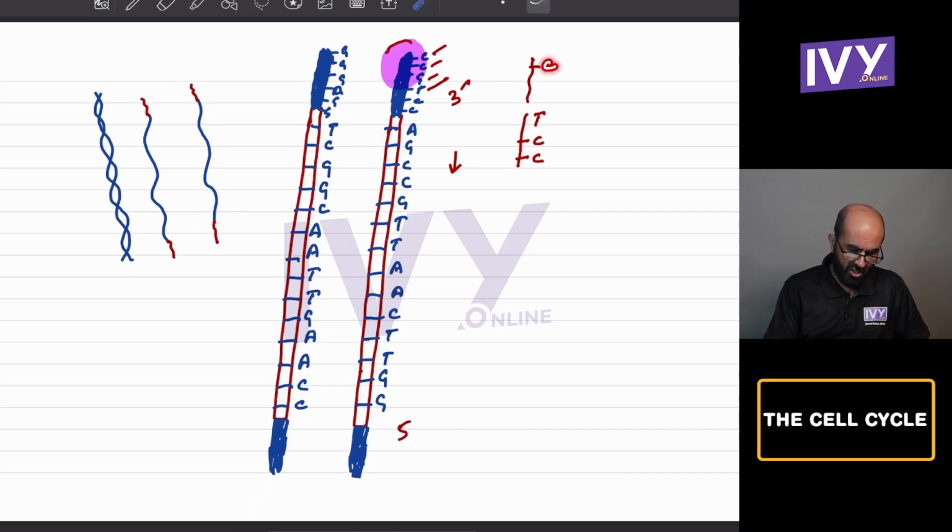So C, and then the last one is the guanine. These 3 will be missing.